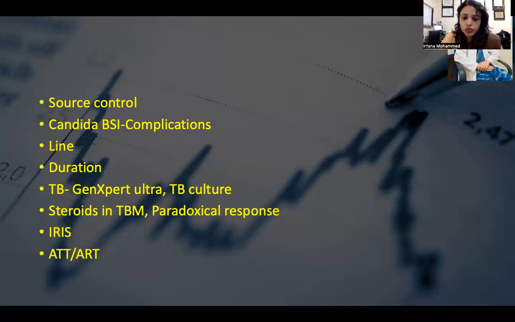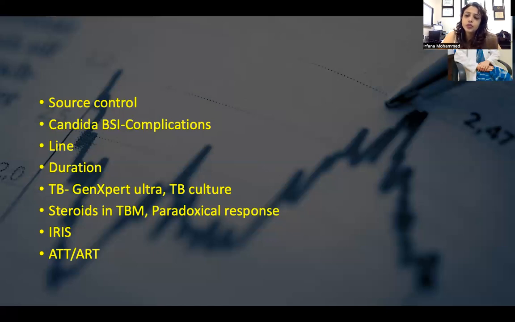So this I wanted to tell you. And steroids in TBM. In TB meningitis patients, we prescribe dexamethasone. The tapering of steroids needs to be very slow. Otherwise, the patient will have a paradoxical reaction with increase in the meningeal reaction, and the patient will end up with neck pain, seizures, again altered sensorium after initial improvement.